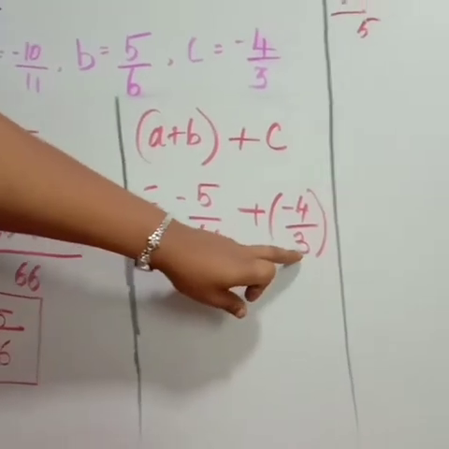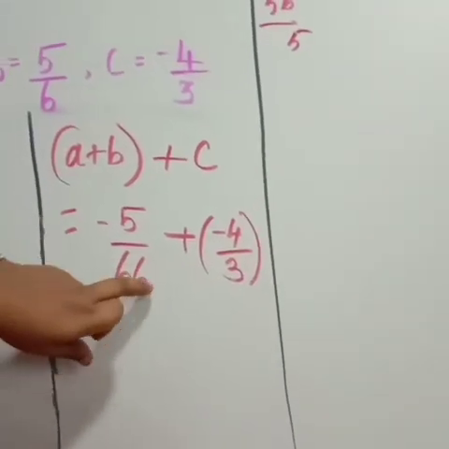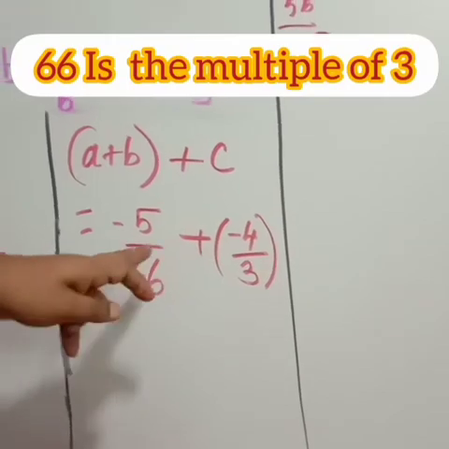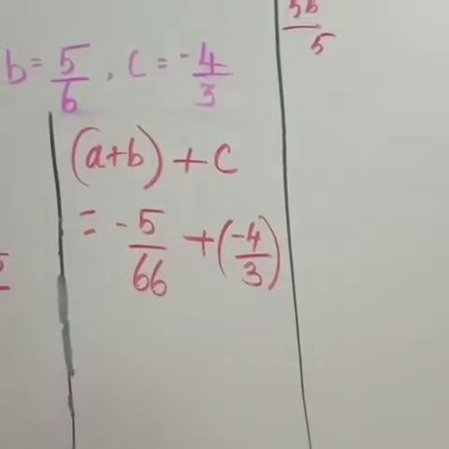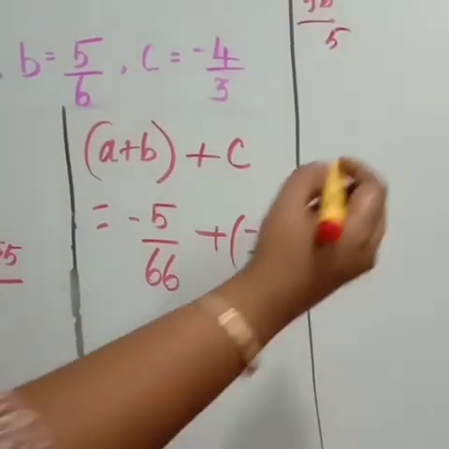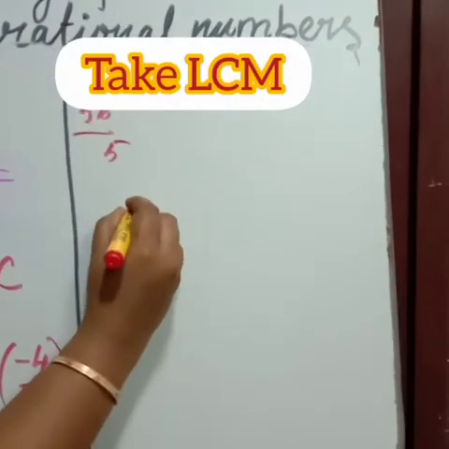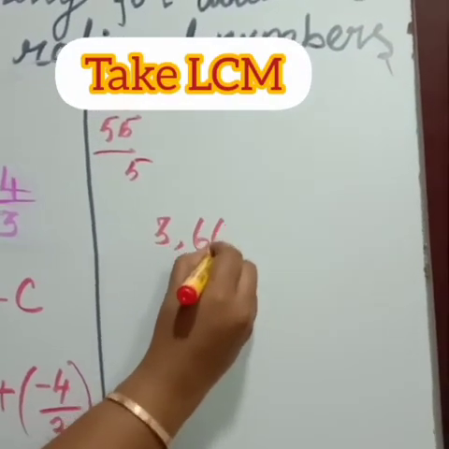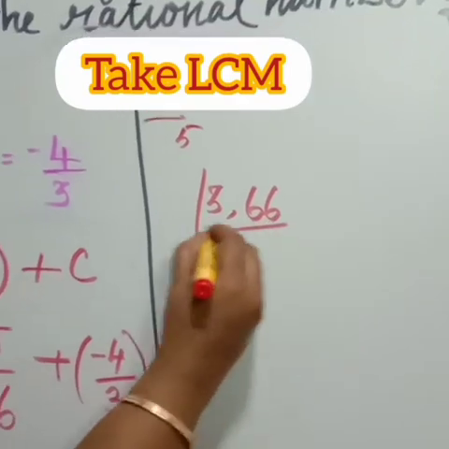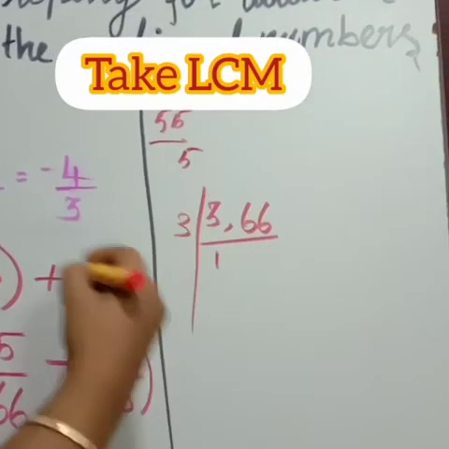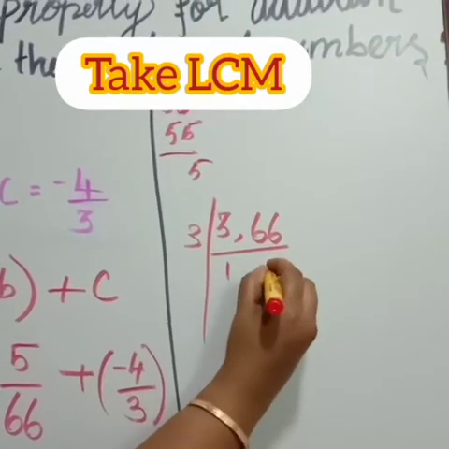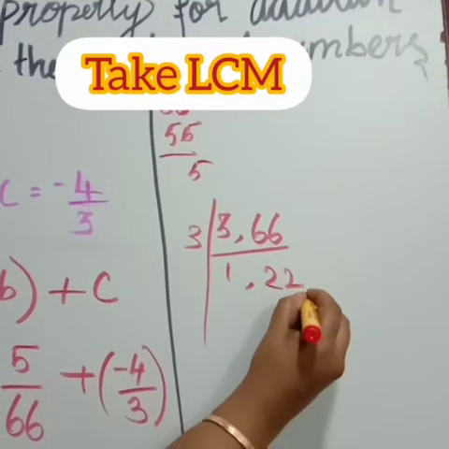So see the denominators, 3 and 66. 66 is a multiple of 3, so we take the LCM. Yes, LCM of 3 and 66. 3 ones are 3, 3 twos are 6, again 3 twos are 6.